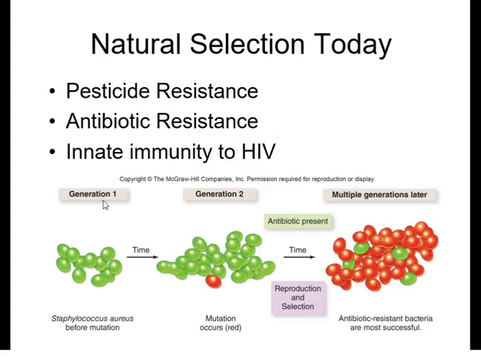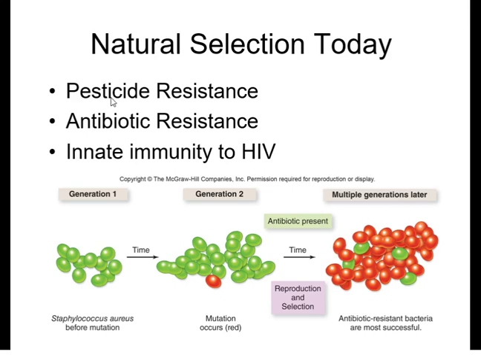You'll also have a scenario where I give you something from one of these 3: either pesticide resistance, antibiotic resistance, or innate immunity to HIV. And each scenario basically presents 2 possible outcomes. In one outcome, if you introduce a pesticide and none of the insects have resistance, it'll ask what will happen. Well, the right answer you'll be looking for is that all the insects die. And that's because the wrong answers give you scenarios where they rapidly mutate to adjust to the new pesticide, and that just doesn't happen in reality.